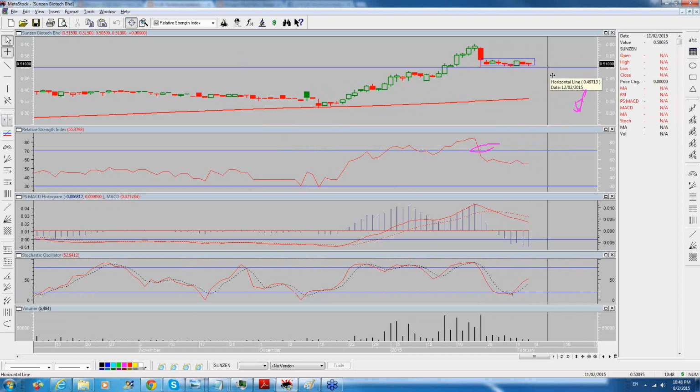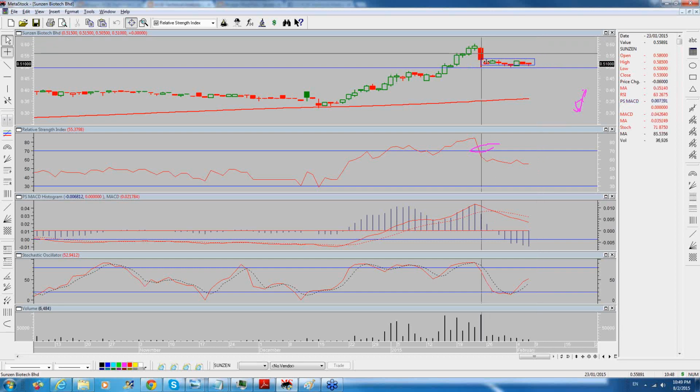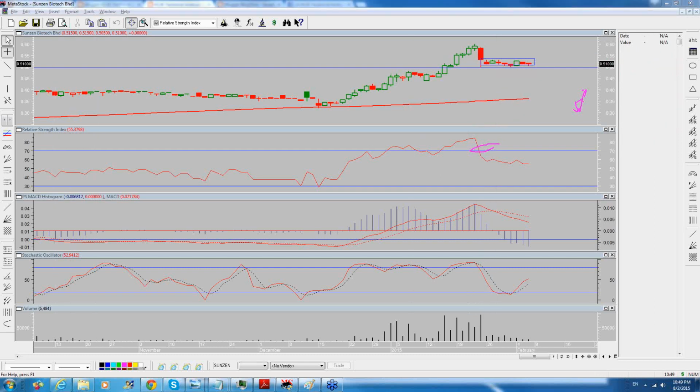As long as this stock is able to stay above 50 cents, there's high potential the stock will be testing about 58 cent to 58.5 cent, right? At this region I'm watching very closely on this.